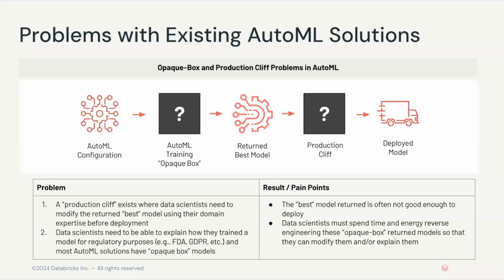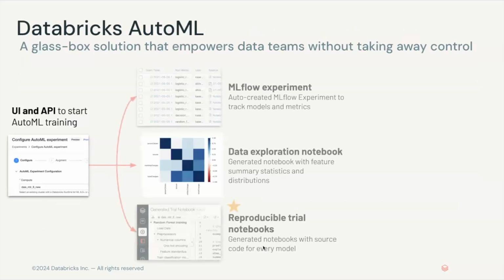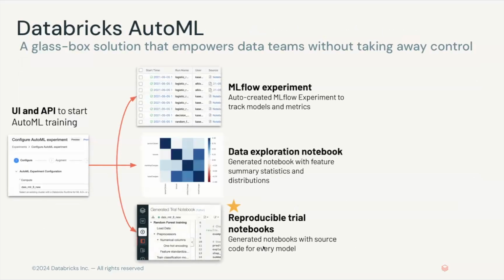So what we give, instead of an opaque solution, is a glass box solution in which the users get to see the full experimentation cycle which went on under the hood when the AutoML experimentation was running, as well as we generate and make available the entire code for the model or the experimentation phase. So what that means is that ours is a glass box solution.